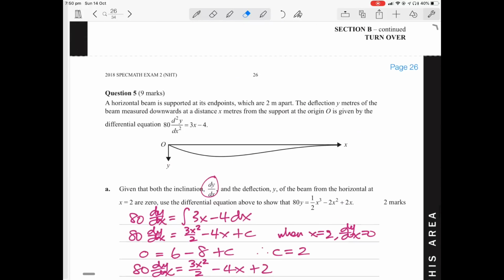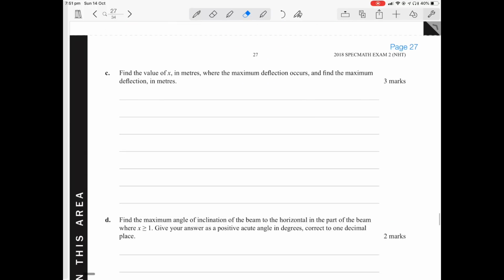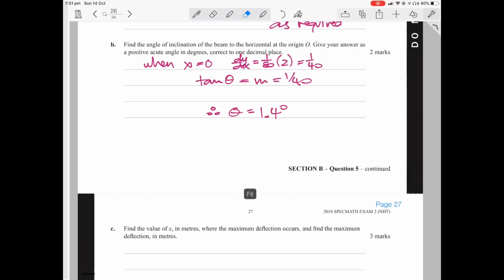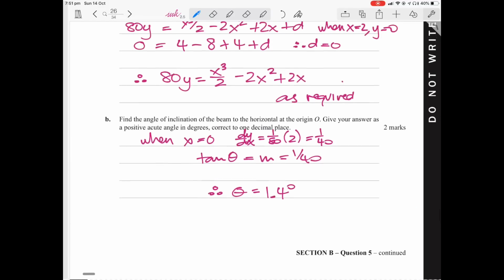So I guess the deflection y meters of the beam is measured. Okay, so we want to know when dy dx equals 0.